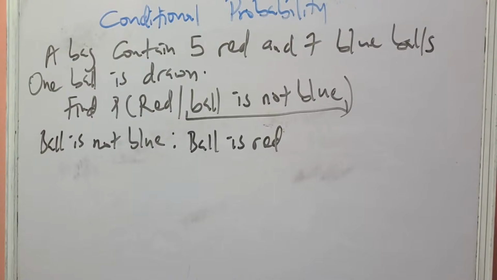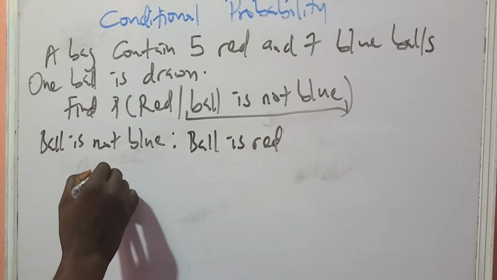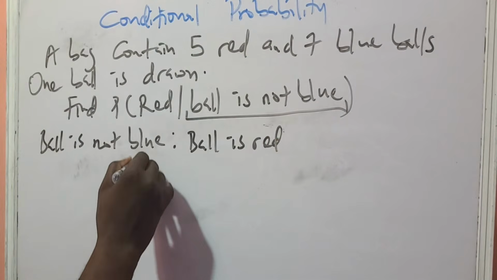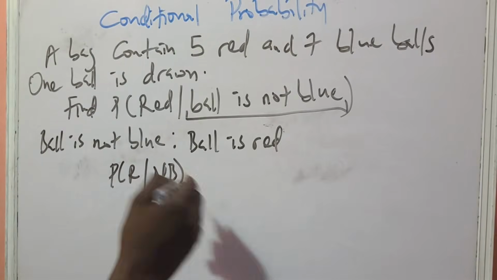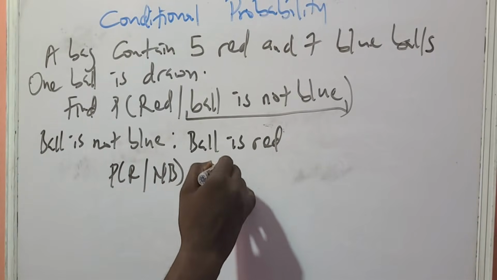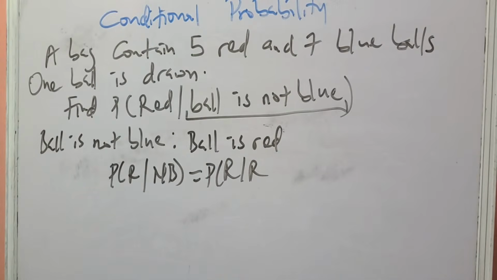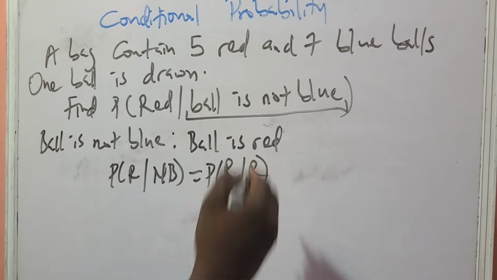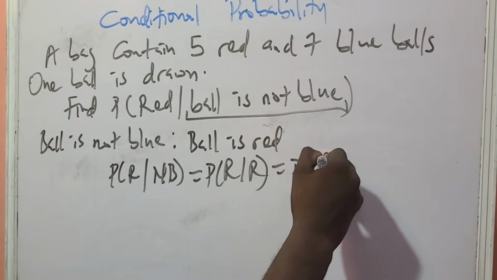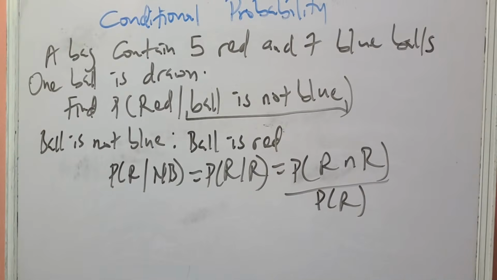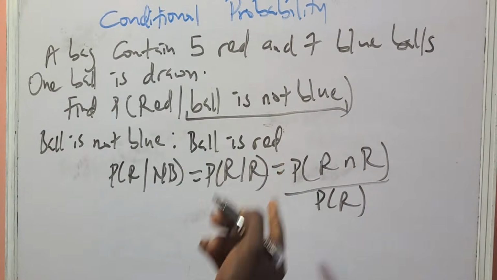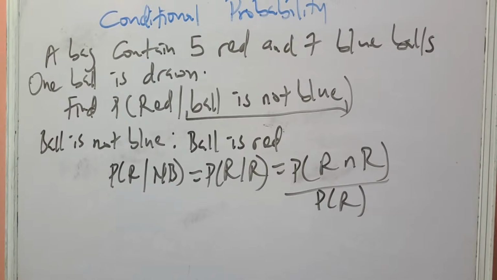So now, that being settled, it's like having the probability of red given, let me just write it as NB, not blue, which is also equal to the probability of red given red. So if you say probability of red given red, that will obviously be the probability of red intersection red over the probability of red, if you're following the formula approach. Red intersection red will be what? Red.